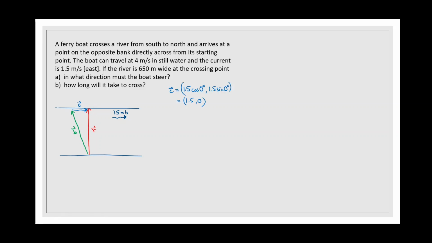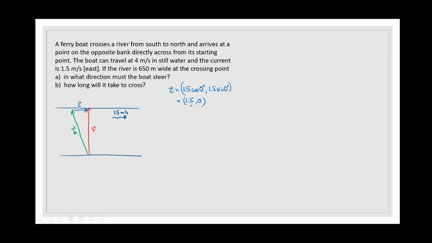So let's do this again in algebraic way. So we have the current, the blue vector right here. We have magnitude multiplied with cosine of angle 0 degrees. 0 degrees is because it's going straight east. That means the angle with the positive x-axis is 0 degrees. And so sine 0 over here too. And when you do this on the calculator, you'll notice how the sine of 0 is actually just 0.